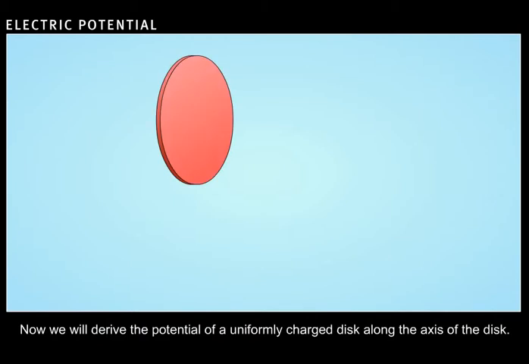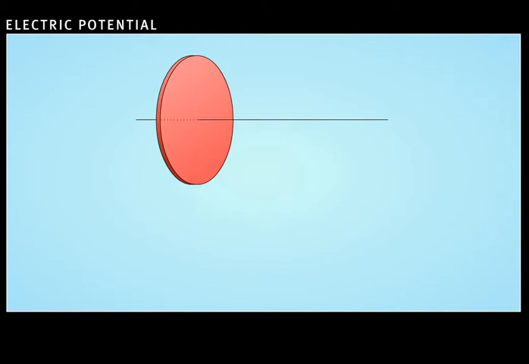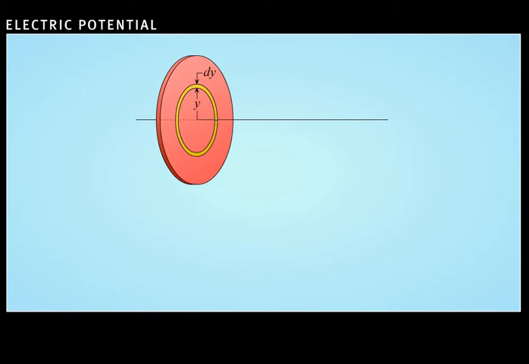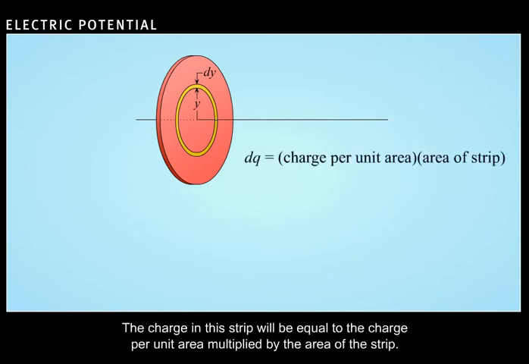Now we will derive the potential of a uniformly charged disk along the axis of the disk. First consider a charge element, dQ, on a flat circular strip of radius y and width dy. The charge in this strip will be equal to the charge per unit area multiplied by the area of the strip.